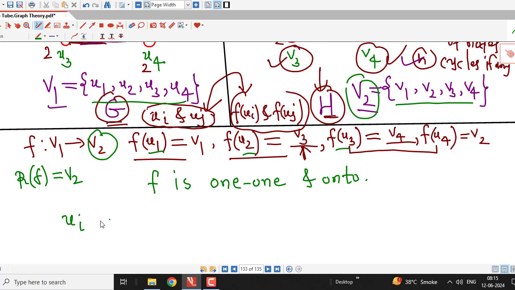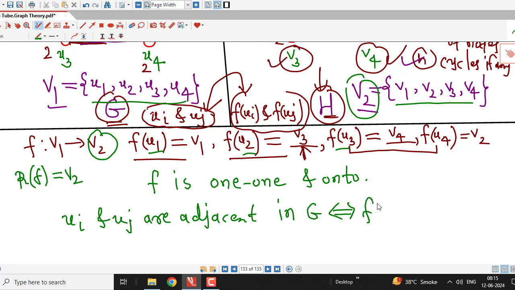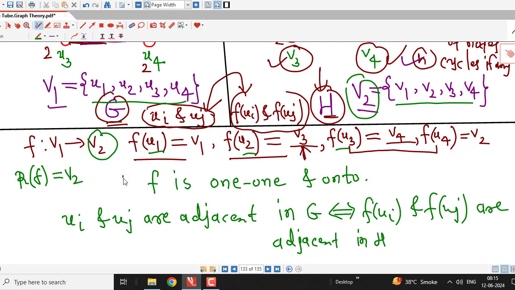And this property is also satisfied: ui and uj are adjacent in G if and only if f of ui and f of uj are adjacent in H. So both the properties are satisfied.